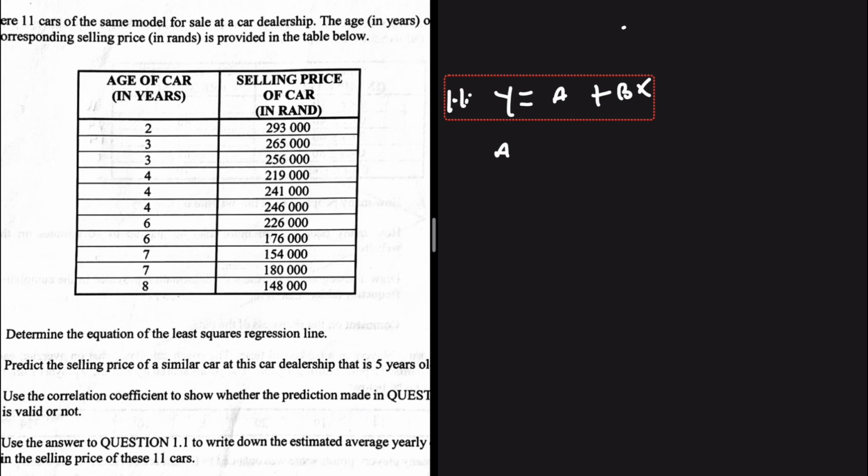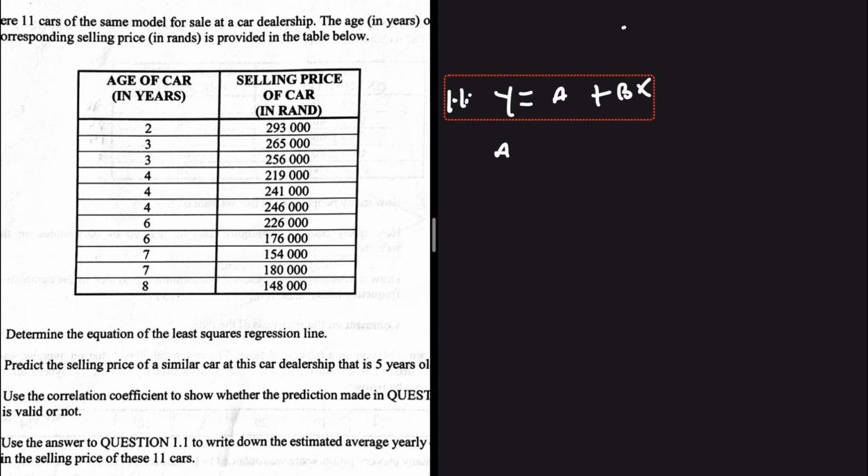The selling price is in thousands, so instead of writing 000, I'm just going to write times 10 to the power 3. So 293 times 10 to the power 3, 265, 256, 219, 241, 246, 226, 176, 154, 180, and 148, each times 10 to the power 3.